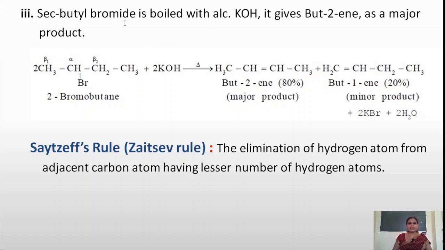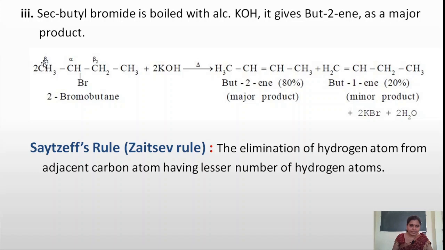Now when secondary butyl bromide is boiled with alcoholic KOH, it gives but-2-ene as a major product. So this is 2-bromobutane, and there are 2 beta hydrogens. So we will call this the alpha carbon, and this is the beta hydrogen.